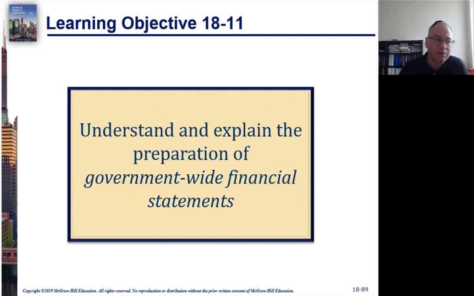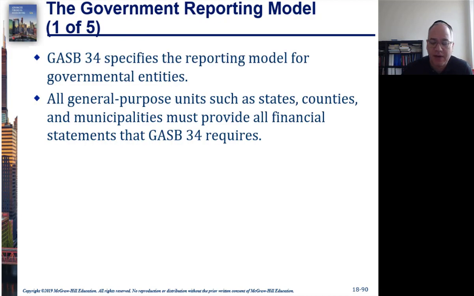And so the GASB wanted to clean everything up so that there would be a single set of financial statements that users would be able to read and see from a big picture perspective what's going on. Part of this was that the GASB enforced accrual accounting on the entire government.